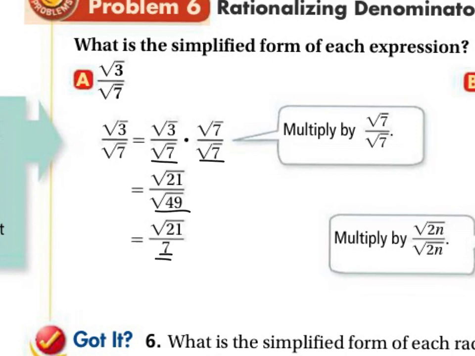So whatever is in the denominator, basically we multiply by that in the numerator and the denominator, and as long as we multiply the numerator and denominator by the same thing, we're getting an equivalent fraction, so that's perfectly legal. And then if you'll notice, the answer does not have a square root in the denominator.